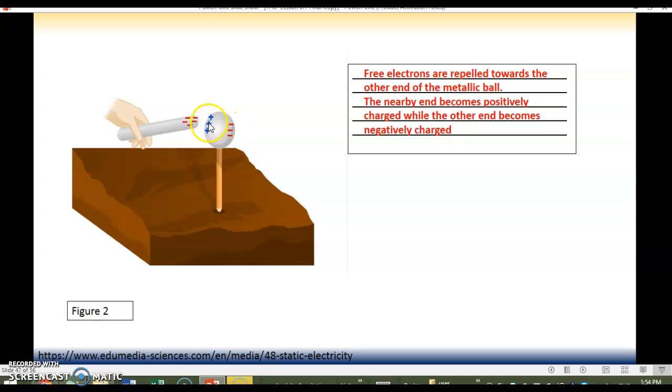So now this end, which is facing the rod, has lost electrons, or has a deficiency in electrons. That's why it becomes positively charged, while the other end has excess electrons, it gained those electrons, and becomes negatively charged.